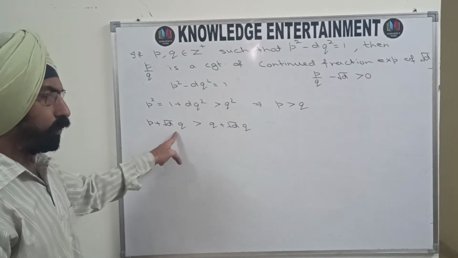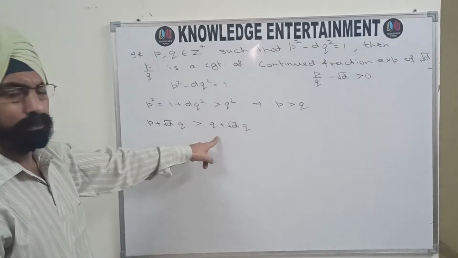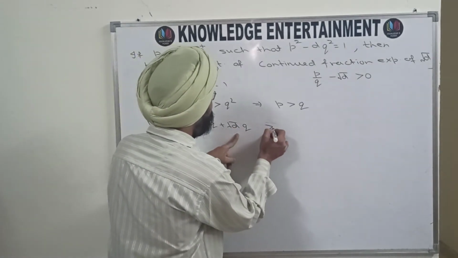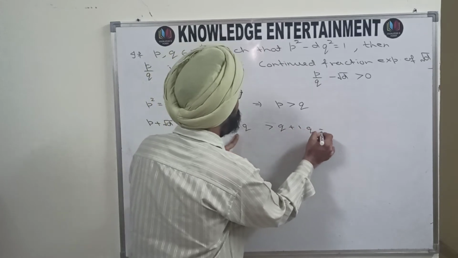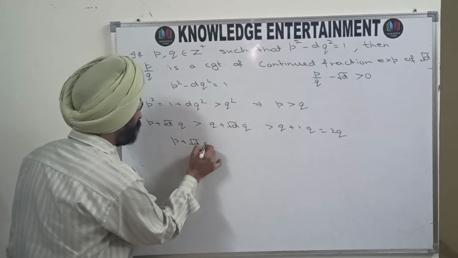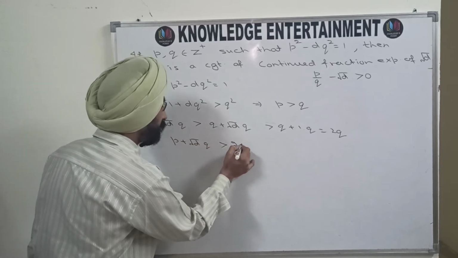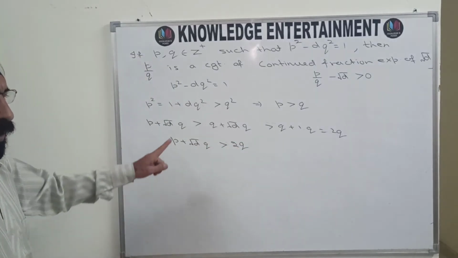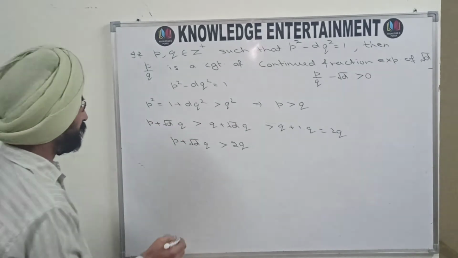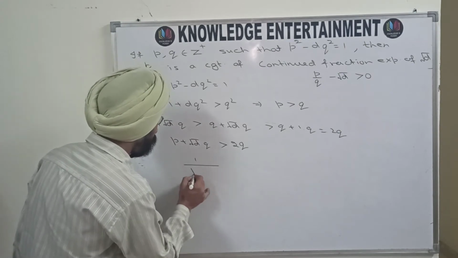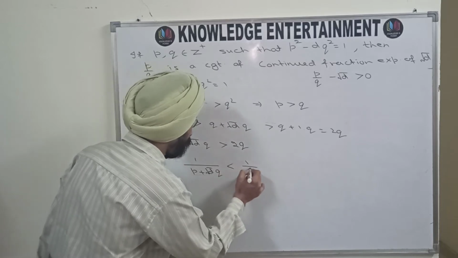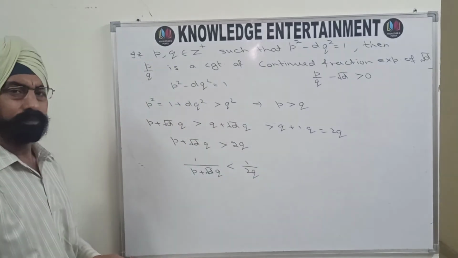So p plus root d q is greater than q plus root d q, and root d is greater than 1, so this is greater than q plus q, that means 2q. So p plus root d q is greater than 2q. Now reciprocating both sides, 1 upon (p plus root d q) is less than 1 upon 2q.